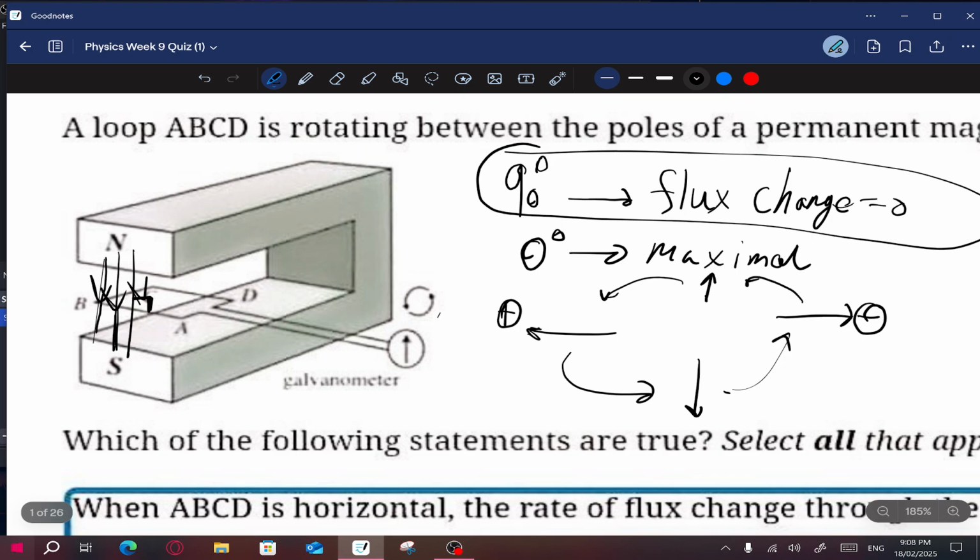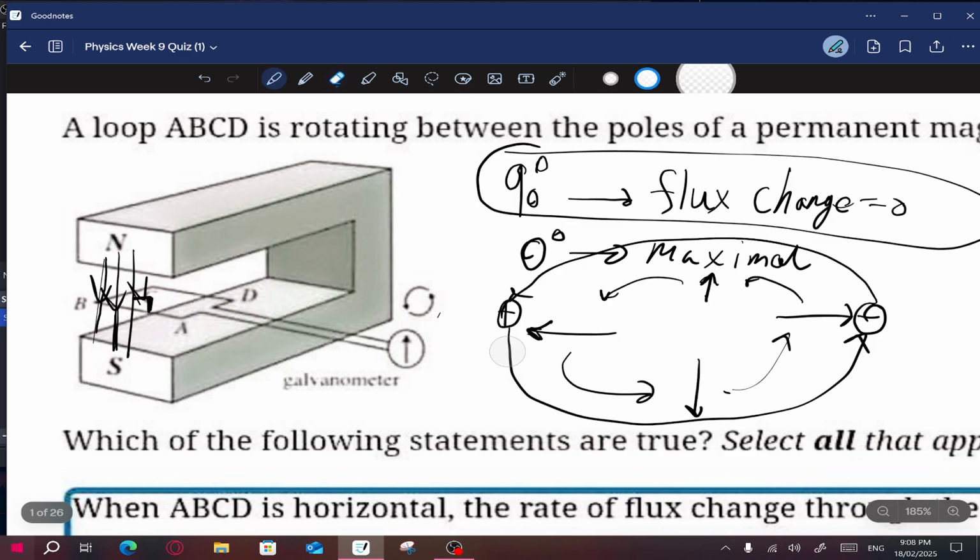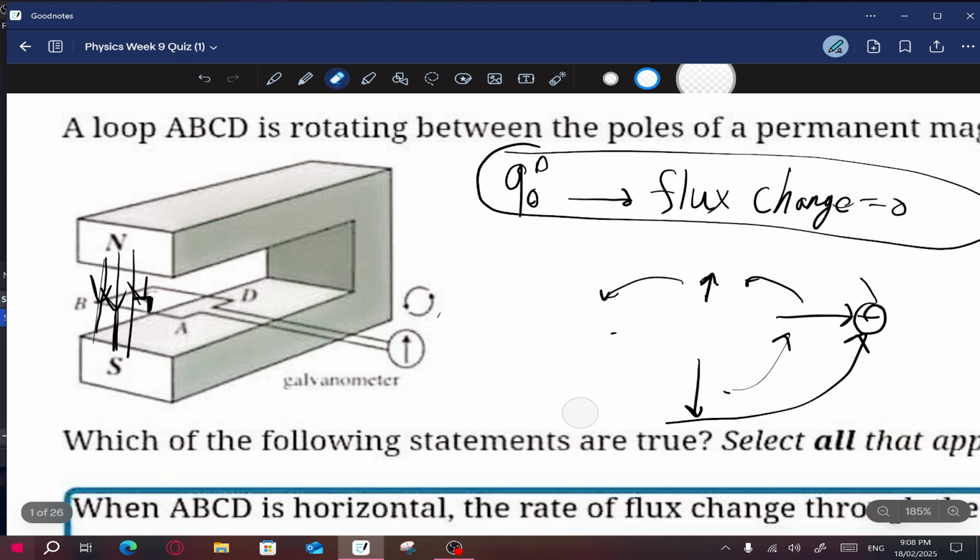And since the current is alternating, if you were to graph it, you would get something like this. This is a sine wave, and especially in electricity, this is an indicator of an alternating current.